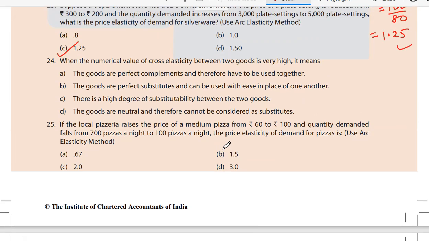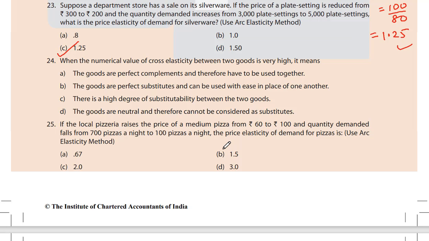24th. When the numerical value of cross elasticity between two goods is very high, this means: the goods are perfect complements and therefore have to be used together; the goods are perfect substitutes and can be used with ease in place of one another; there is a high degree of substitutability between the two goods; the goods are neutral and therefore cannot be considered as substitutes.